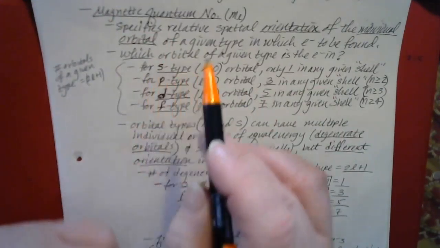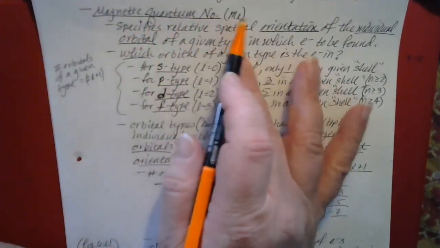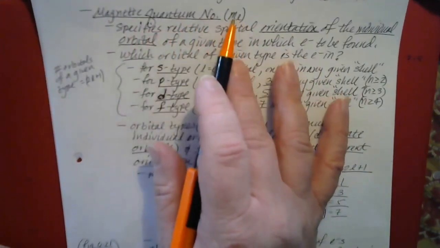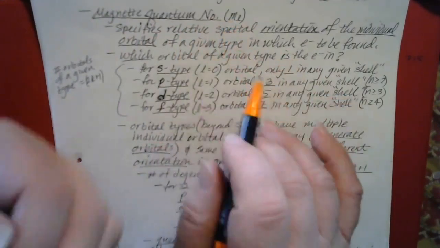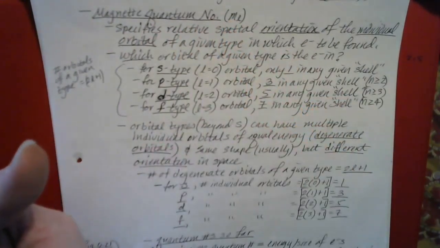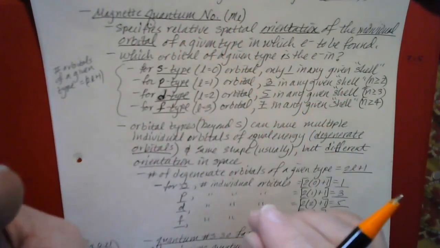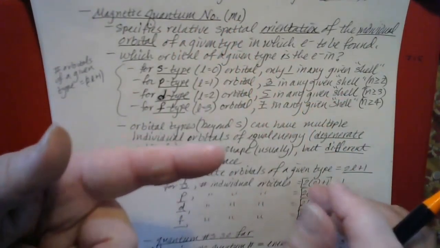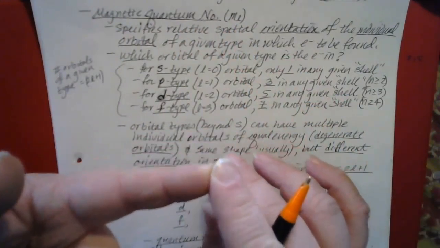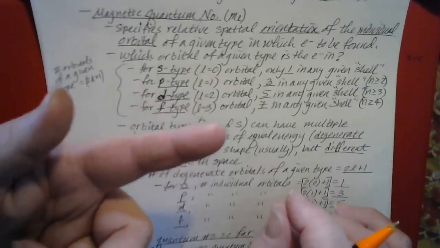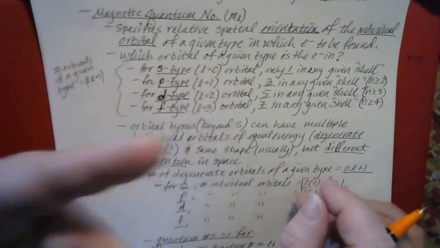And that's what the magnetic quantum number is about, or m sub L. This is the third quantum number that we've talked about. Remember, the primary or principal quantum number is n. That's essentially the energy level or the shell number. The secondary quantum number or the angular momentum quantum number is L, and that tells you what type or what shape of orbital you're dealing with.